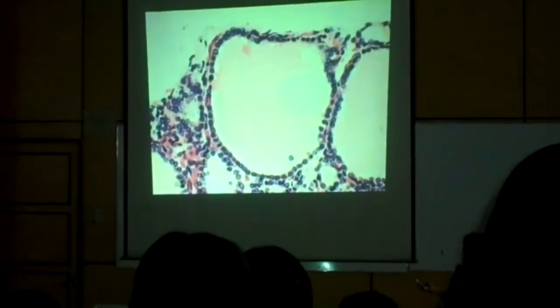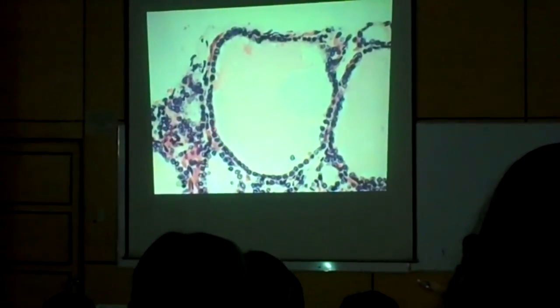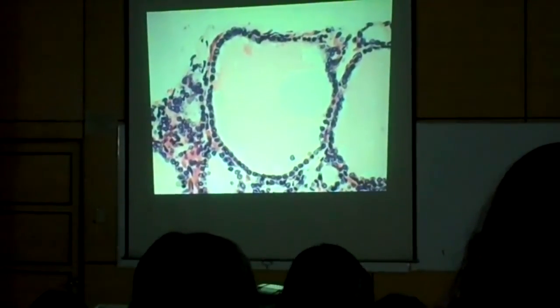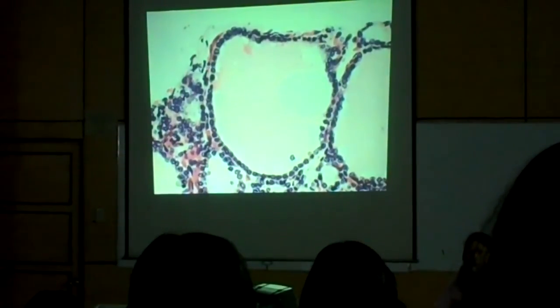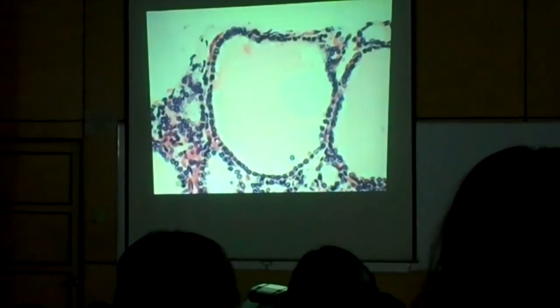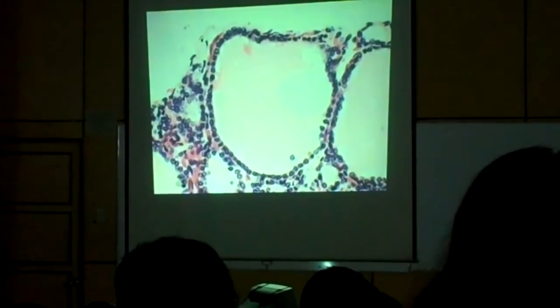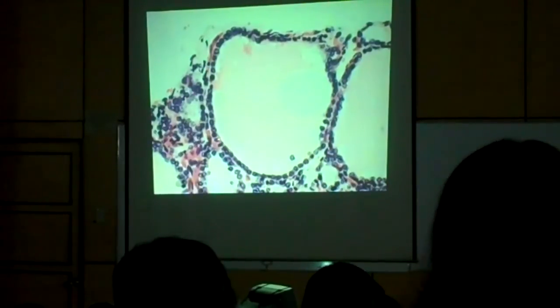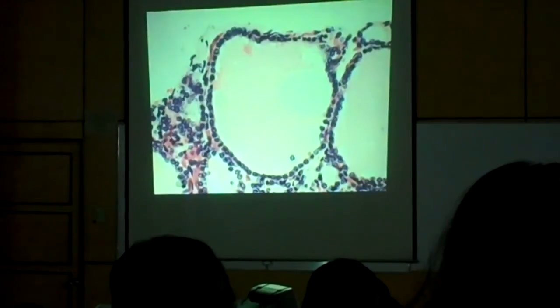What is the name of these cells? Okay, follicular cells. Identify the pointed cell: follicular cell. Okay, give the hormone secreted by the pointed cell: T3 or T4, T3, T4.